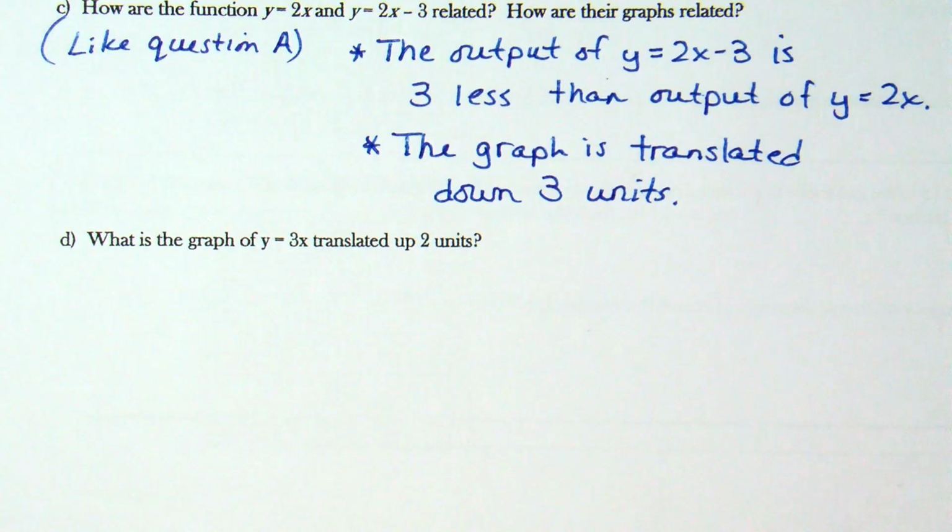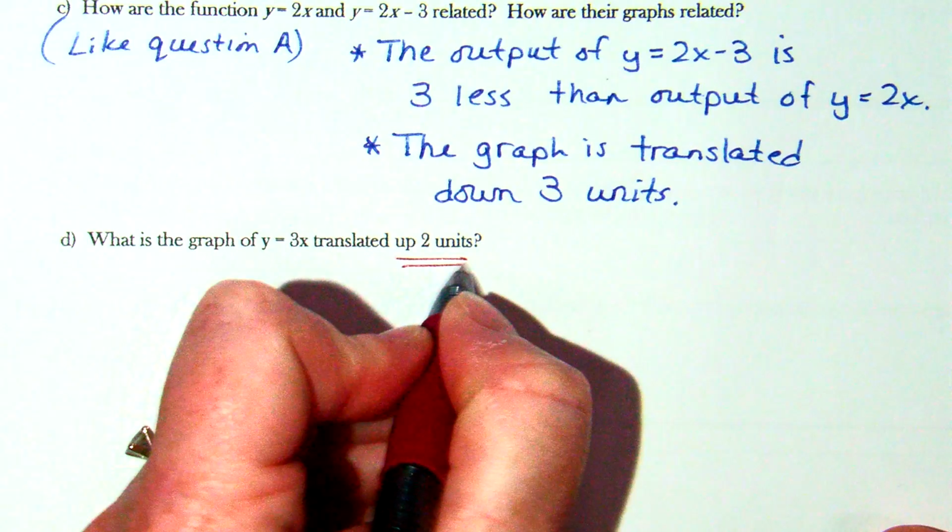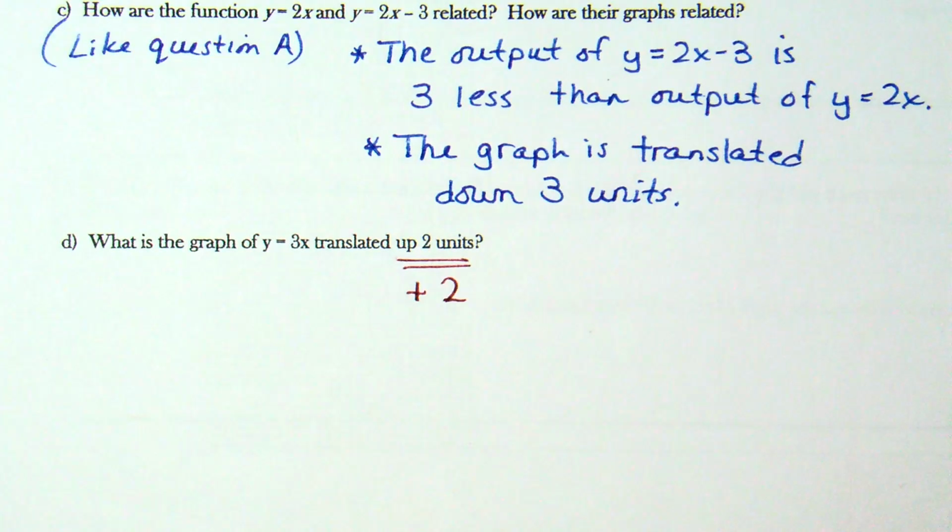Last one on this side. What is the graph of y equals 3x translated up 2 units? How do we translate up 2? You add 2. And we add 2 to what? To the equation, right?